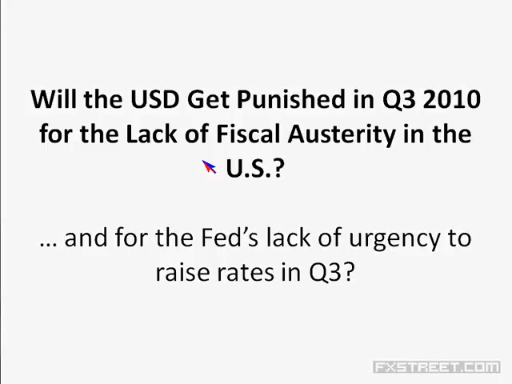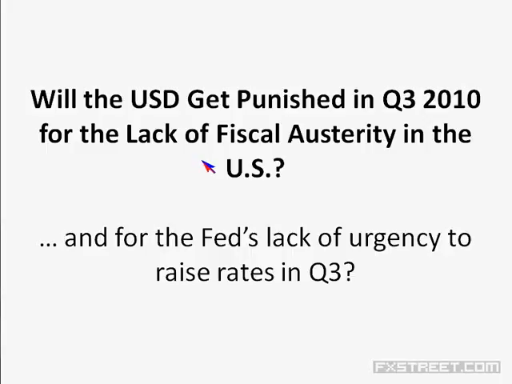That is not our usual relationship between risk aversion causing more US dollar strength and vice versa. So I think a question we also need to ask ourselves now that we're starting the new quarter is, will the US dollar get punished in the third quarter for the lack of fiscal austerity in the United States? And also, if I may add, for the Fed's lack of urgency to consider raising interest rates in the third quarter.